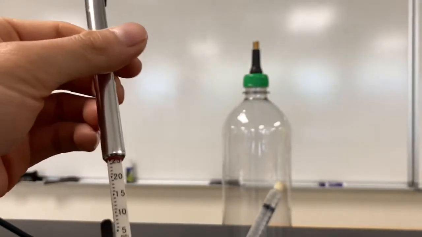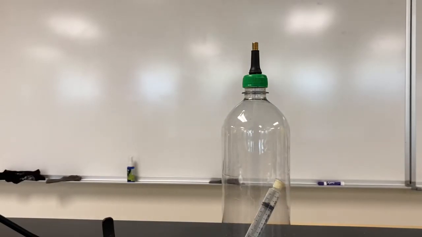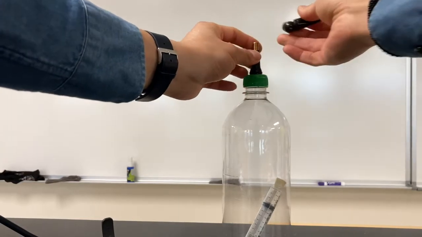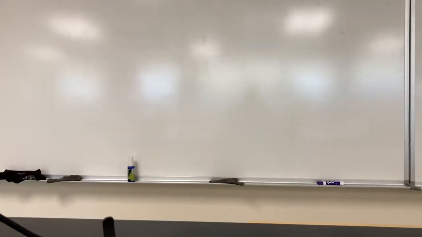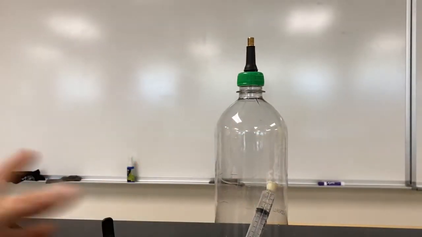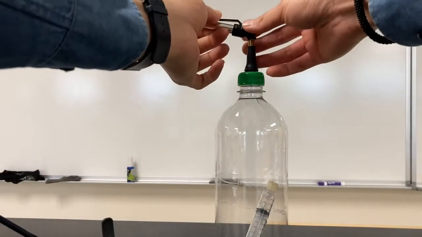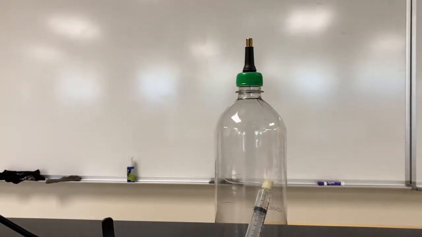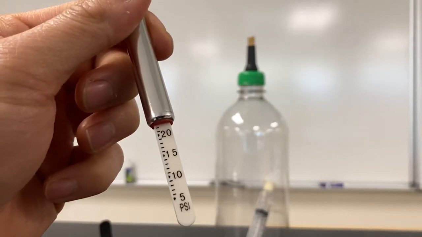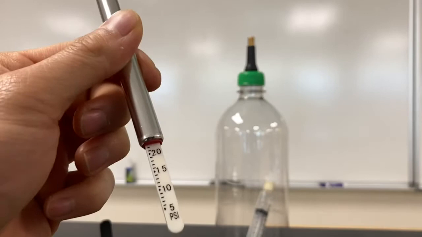Let's continue. So I'm going to let out some air now, and then I'm going to do the same thing. Okay, now that I've let out some air, I want to look at the volume again. And so now the second volume reads 3.4 milliliters. And now I'm going to check the pressure. And the gauge reads 23 PSI. I'm going to repeat these steps.